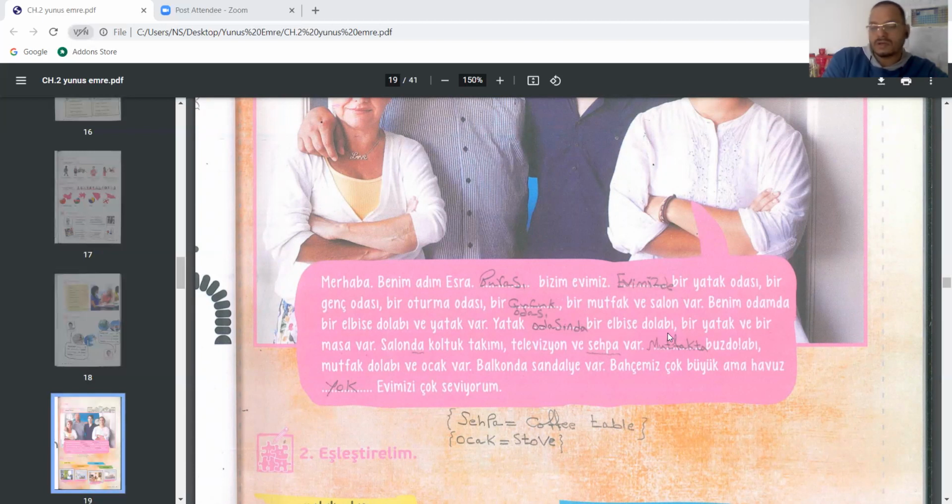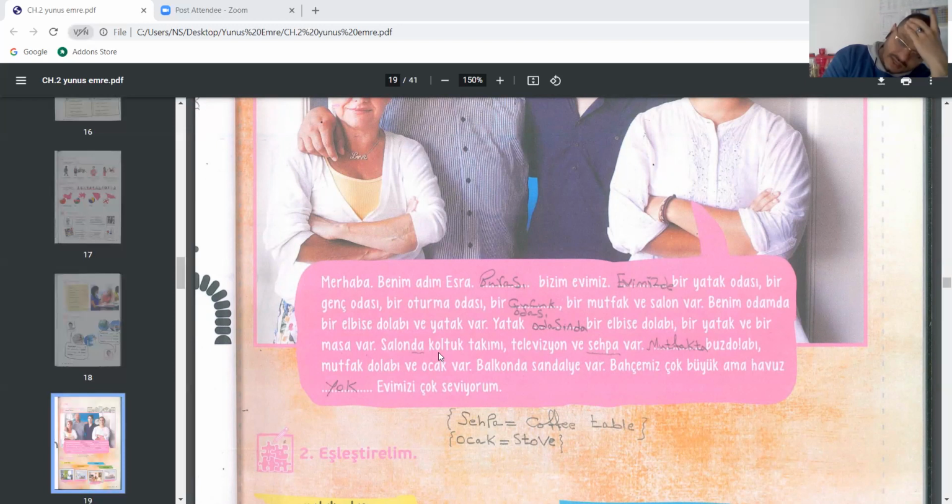I have one closet, bir yatak, one bed ve bir masa var. Masa, that means table. I have a table in my room. Salonda koltuk takımı. Koltuk takımı, that means the table with the 4 chairs. It's in Turkish language yatak, koltuk takımı. Televizyon, TV ve sehpa var. Something like a coffee table.